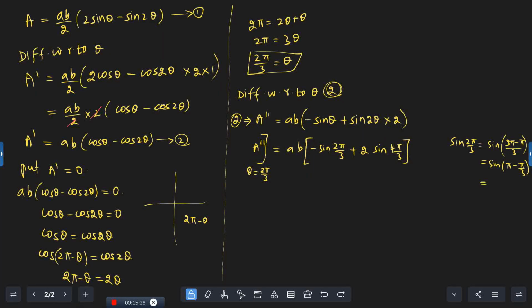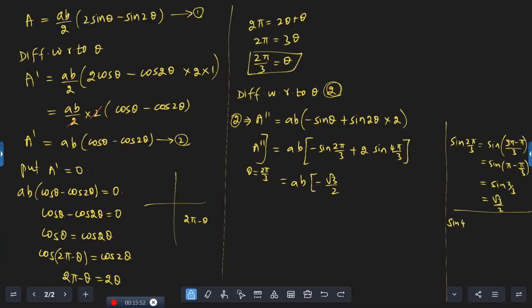Second quadrant. In the second quadrant sine is positive. Pi, no change. So sin pi by 3 you will be getting. What is sin pi by 3? Sin 60 is root 3 divided by 2. So AB into minus root 3 divided by 2 I am getting. Right. Here, what about this one? 4 pi by 3.